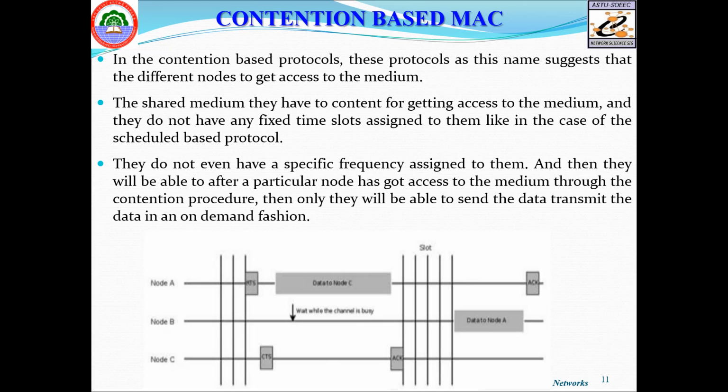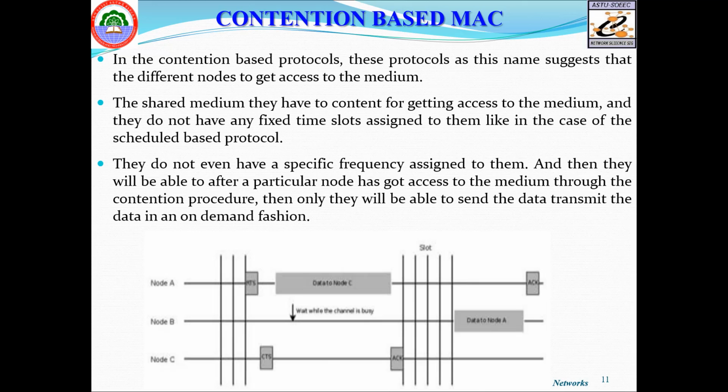First an RTS request is sent from node A. Node C is the receiver, so it has to send the confirmation back to A in the form of CTS. When node A sends a request to send, node C has to send the clear to send.